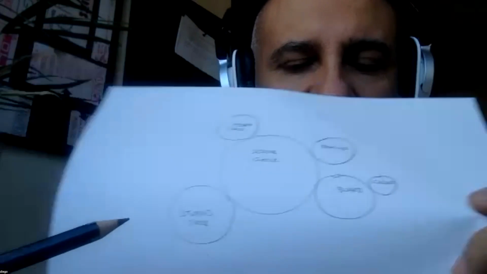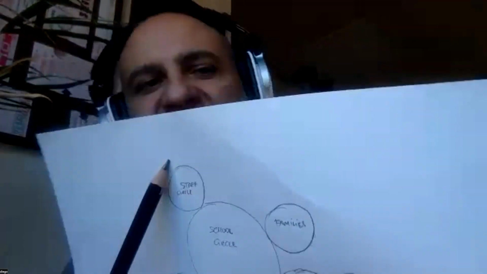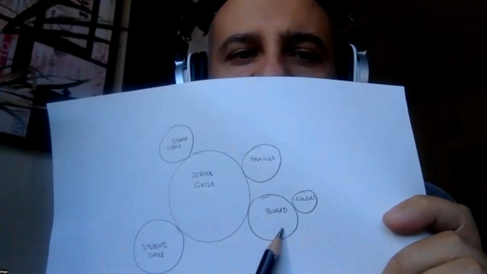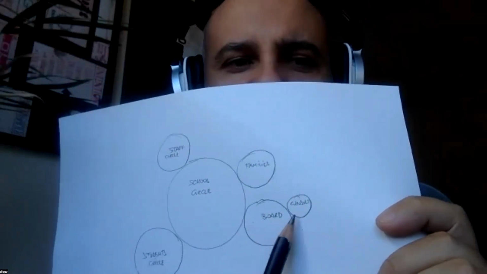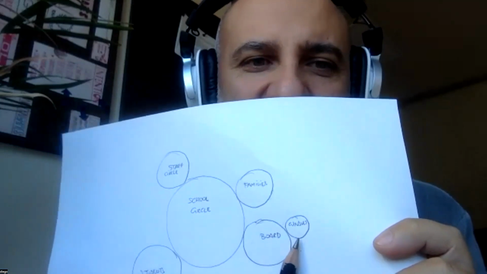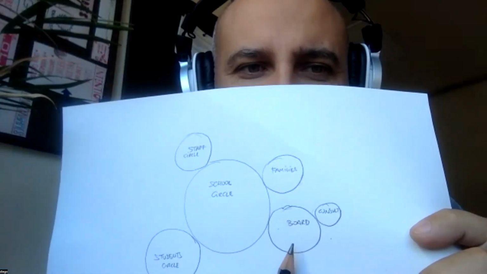You can see from here, student circle, families and staff. The only difference with Magda, I think, would be the board. And the board has, I don't know how to place that, a consultancy circle. They don't make decisions, but they help the board make decisions. And that's what we have now.